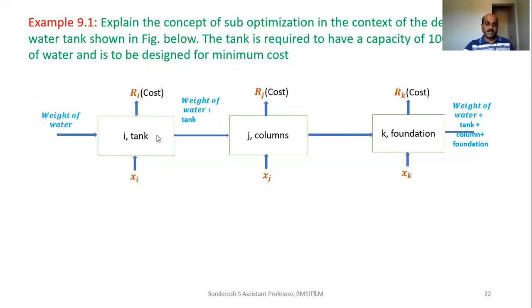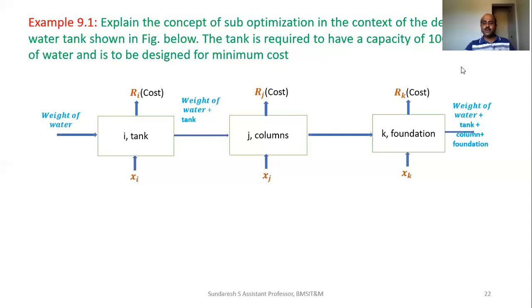You can see the stages: tank, column, and then foundation. We will take the tank as I, the column as J, and the foundation as K. Correspondingly, the decision variable for the tank will be Xi, for the column Xj, and for the foundation X suffix K.